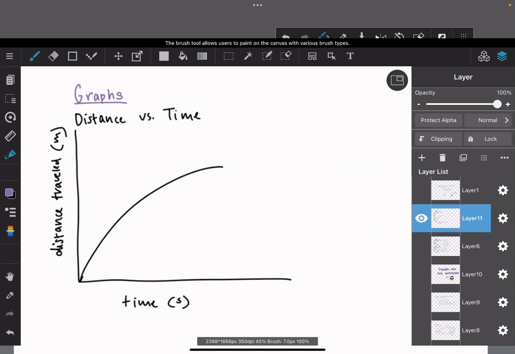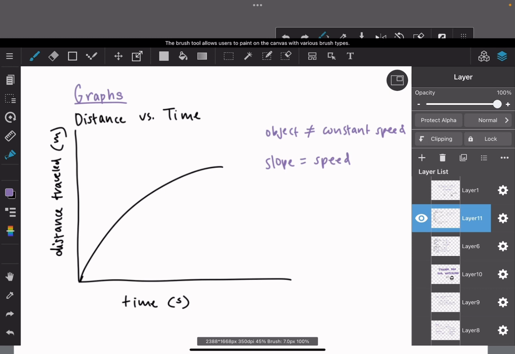Alright, so now let's look at this distance versus time graph. So what do we notice here? Well, for starters, we don't see any linear slope. So we can say that object does not have constant speed. But I also want to describe how the object is moving. But we know that slope equals speed.